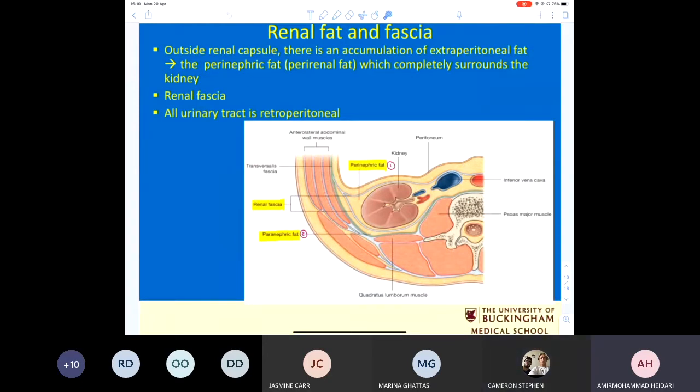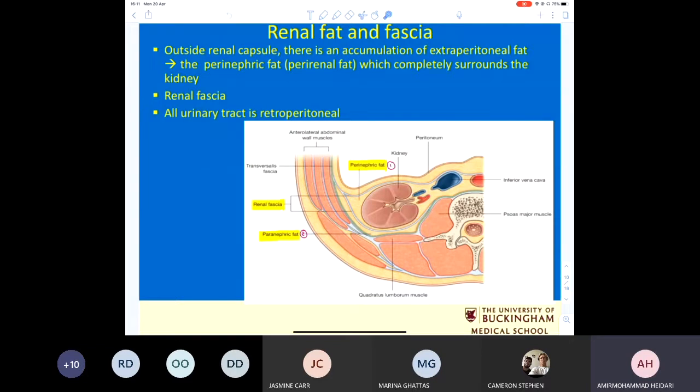So the kidney is covered by 2 layers of fat. The first layer of fat is the perinephric fat, which is immediately in contact with the kidney. The second layer of fat is the paranephric fat. These 2 layers are separated by renal fascia. So perinephric fat is separated from paranephric fat by renal fascia.